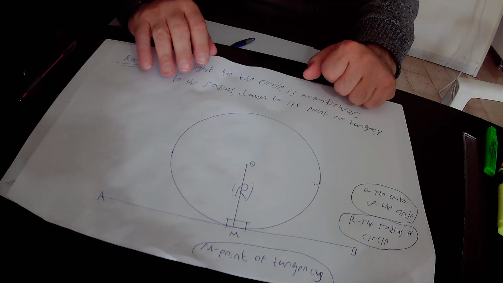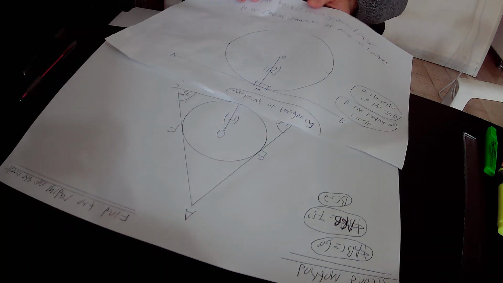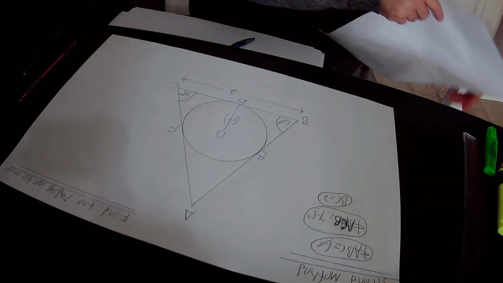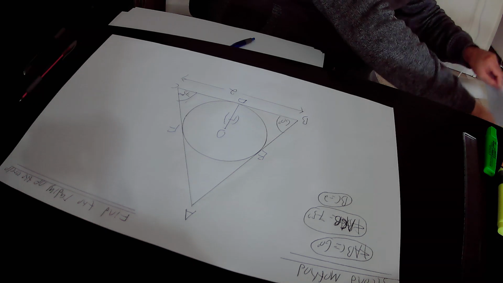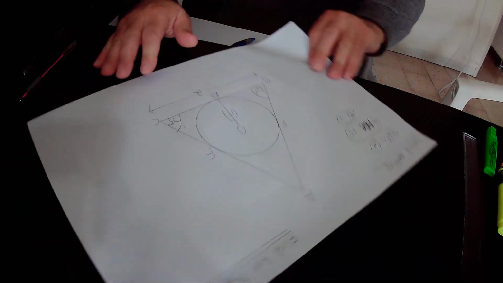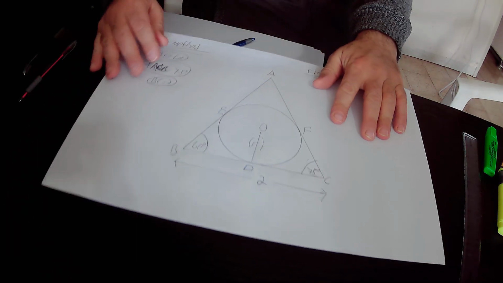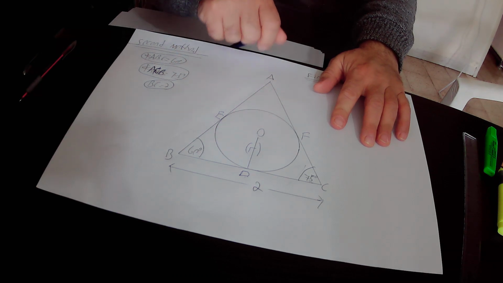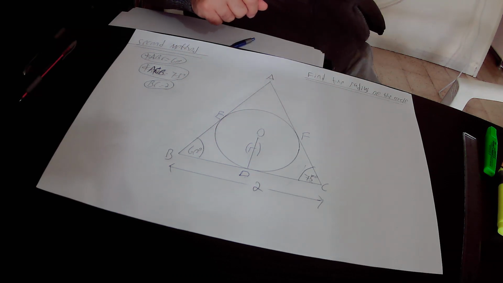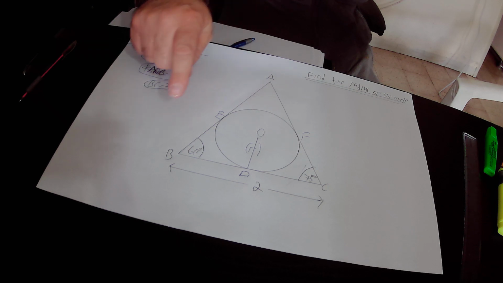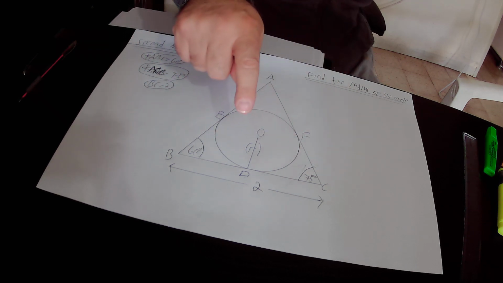Okay, so we can implement rule number 1 in our drawing. Why? Because in our drawing we have the radius OD that is drawn to point D, that is the point of tangency of tangent BC with this circle.